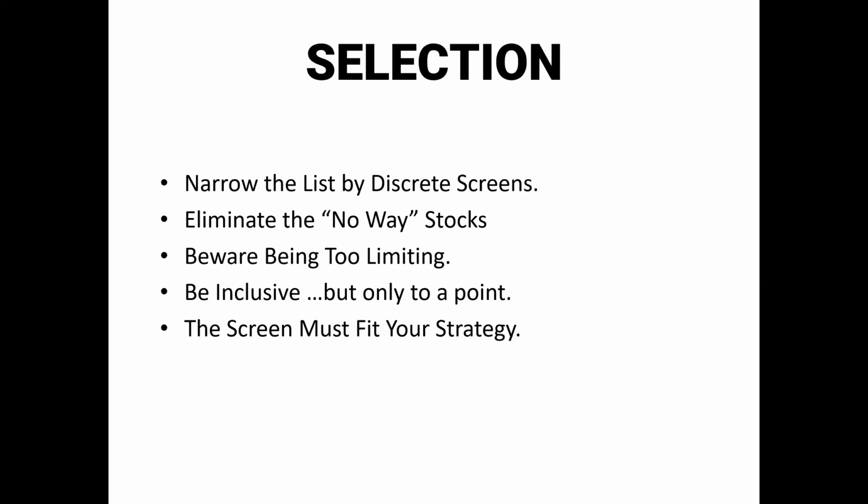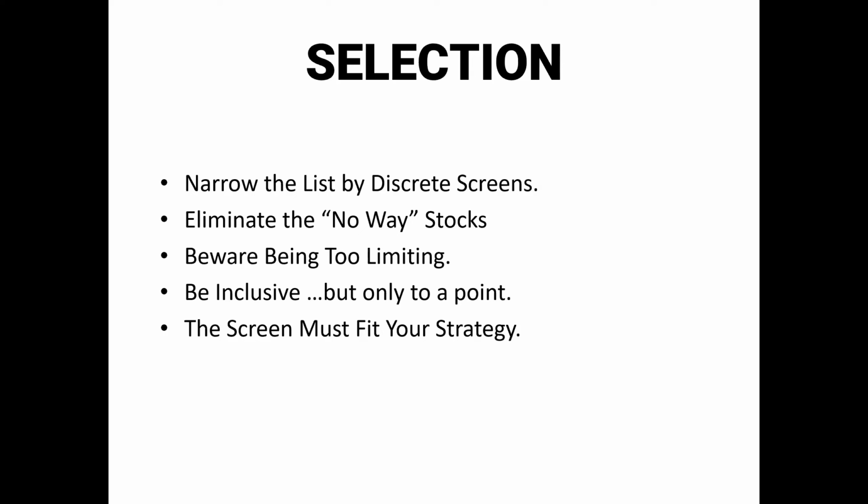So I want to talk, though, about just one element that I'm going to be teaching about, and that is screens. This will just be a part of what I'm talking about. But the idea of these screens, I look at it as a process of exclusion. Like I don't want to look at anything that's not on my screen. So I got to get my list down as much as possible, as long as it's not too narrow.